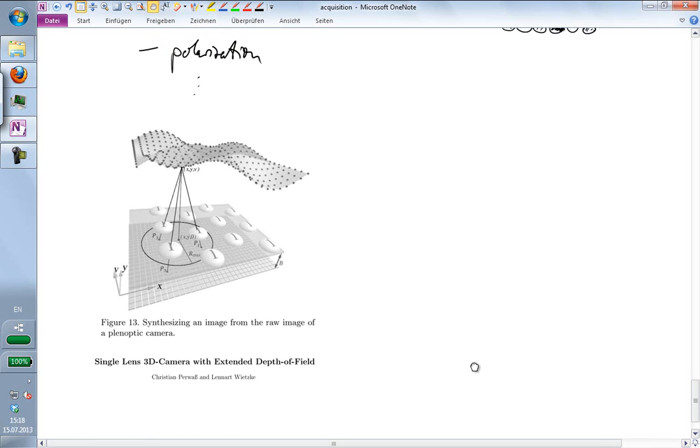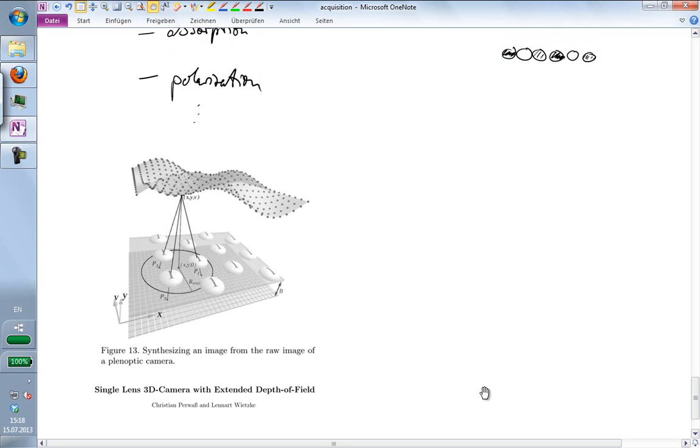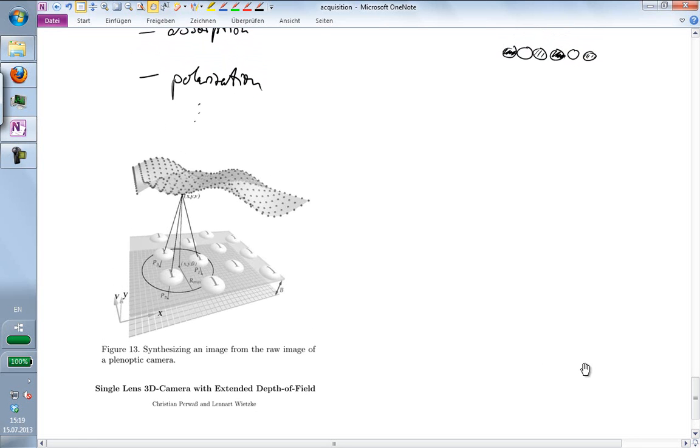Here's a picture from a paper by Christian Perwass, one of the founders of the Raytrix company, that illustrates the principle that you can recombine those individual measurements to refocus your image on an arbitrary surface.